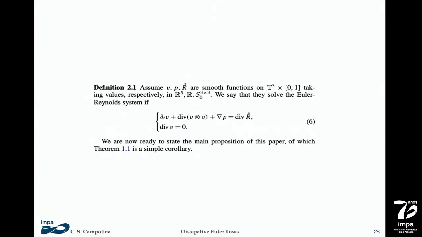It's called the Reynolds stress. If we remember from a basic turbulence course, if we take, for example, the average of the Navier-Stokes equations, the nonlinear term will produce an additional term, which is the Reynolds stress. These are somehow stresses due to turbulent oscillations, right?